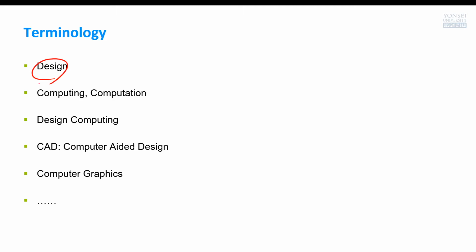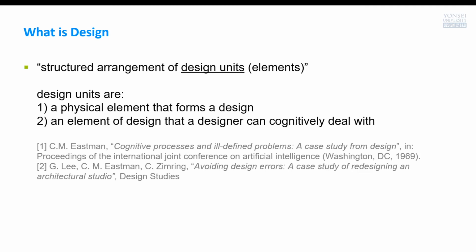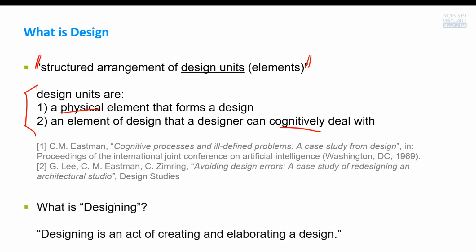Just design, okay? That is the representative keyword. What is design? I told you, a structured arrangement of design units. A very quantitative and analytic definition. And design units are physical things and virtual things, okay? Defined by Chuck Eastman. Designing is design plus process.